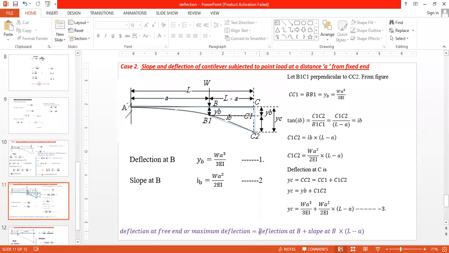You have to remember this equation. This is the slope and deflection of the cantilever when the point load is at a distance A from the fixed support.